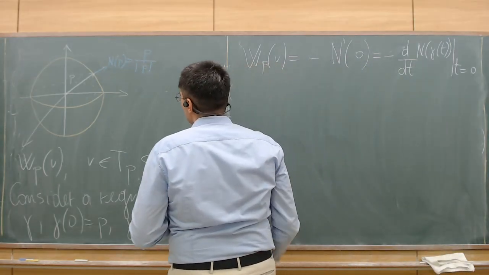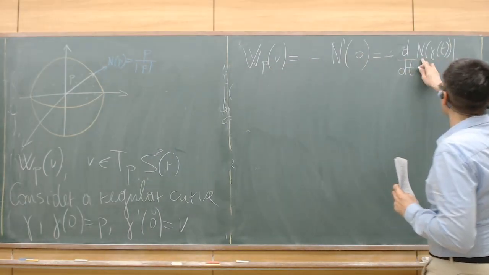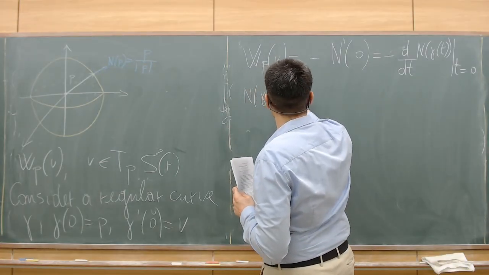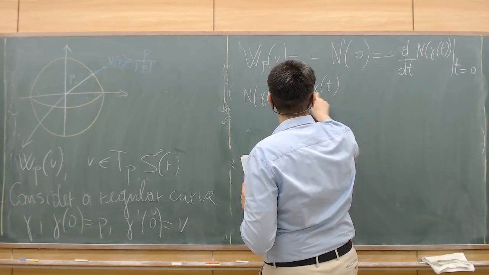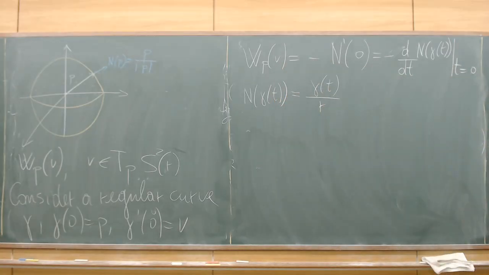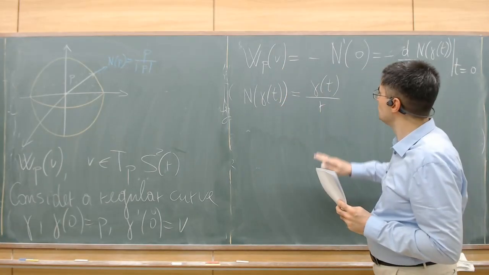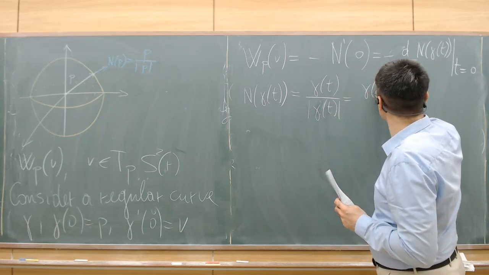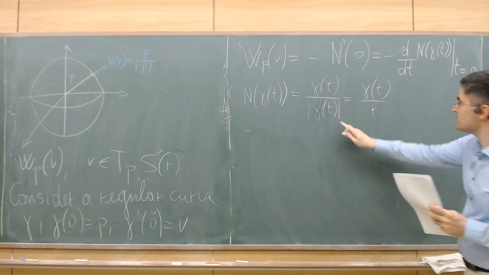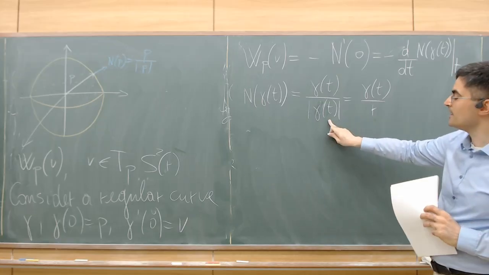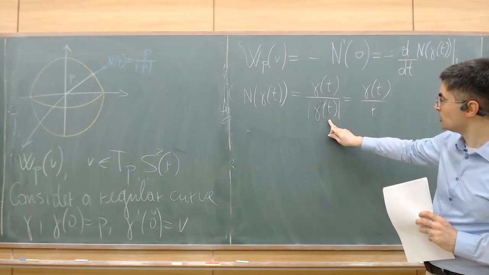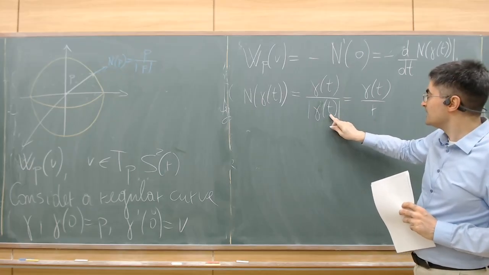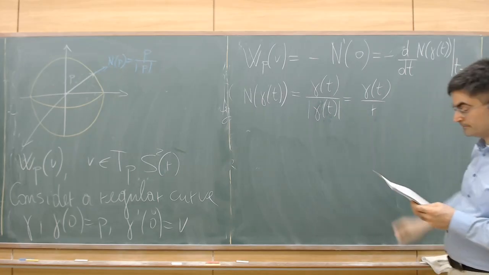But what is n of gamma t? N of gamma t is nothing but gamma t over r. This is true because gamma t is a curve in S2R, so the length of the position vector at time t for any t is r.